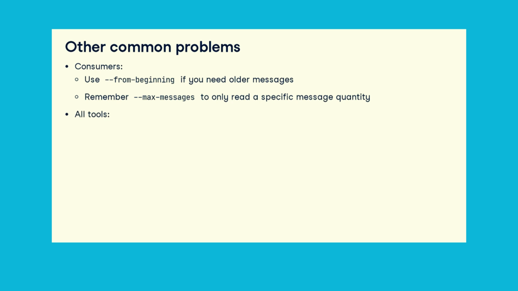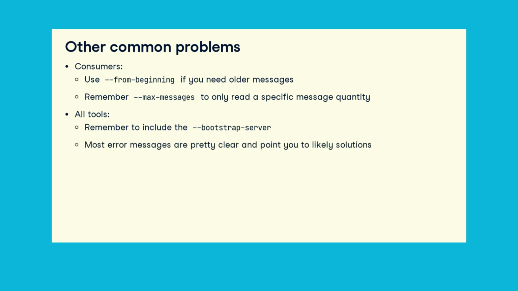Regardless of the tool you're using, remember to include the bootstrap server option. Note that this is the initial Kafka server that all programs communicate with to run Kafka commands. Most error messages are pretty clear and will point you to likely solutions. Lastly, the tools also have a help option to get further details when using these scripts.